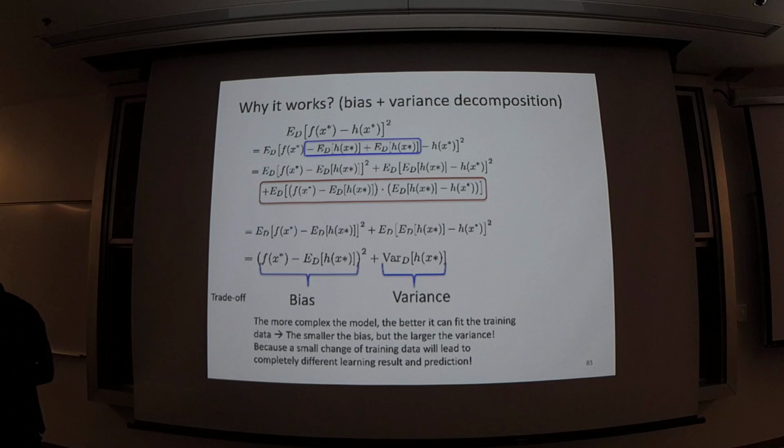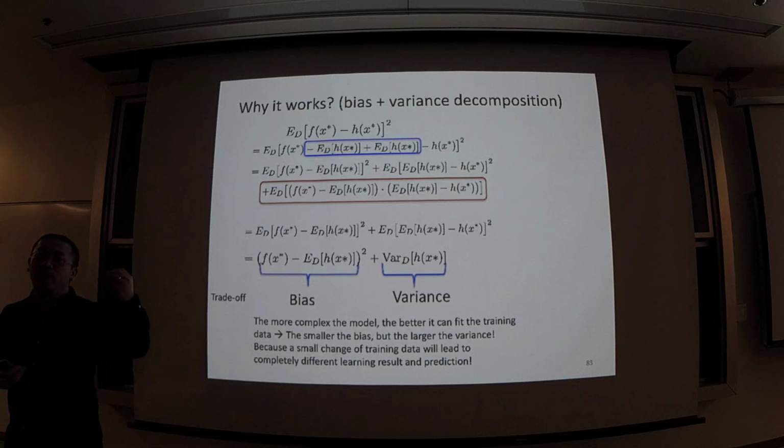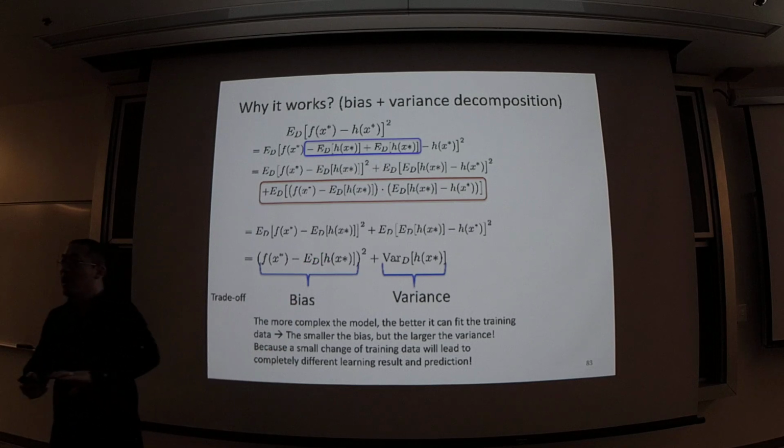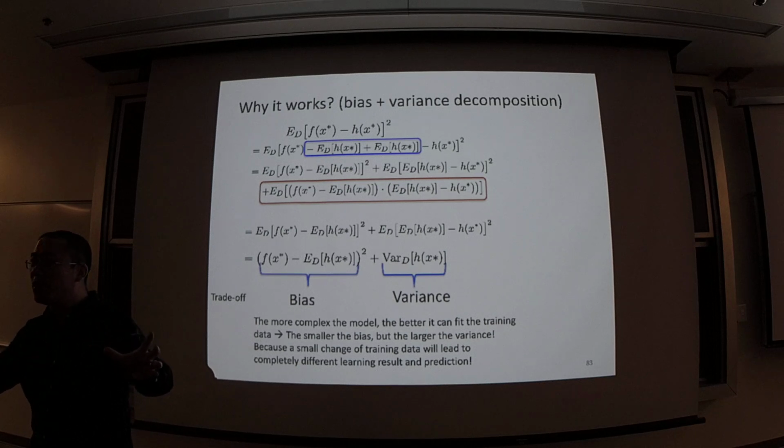Does it make sense? Any other question? That's why we mentioned that complicated classifiers tend to have a small bias. Why? Because expectation just means I draw all possible training sets to train my complicated classifier. On each data set, my complicated classifier is doing well.